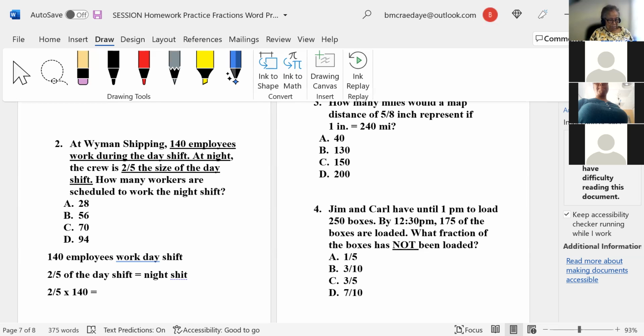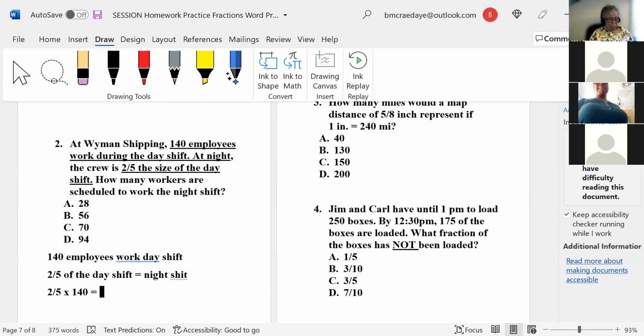Multiply the numerators, multiply the denominators. 140 has a 1 under it. We don't have to put it there. That's the default. So that's 2 upon 5 times 140 upon 1.